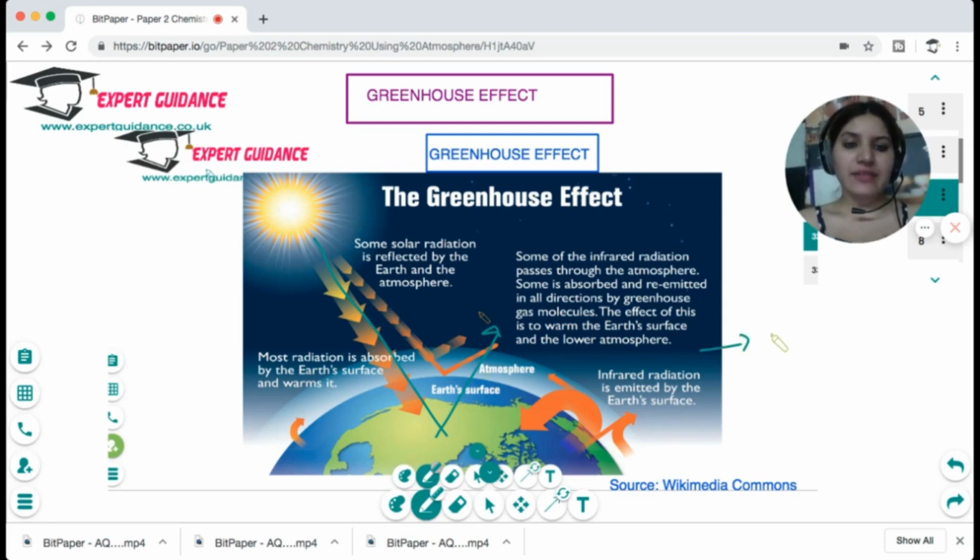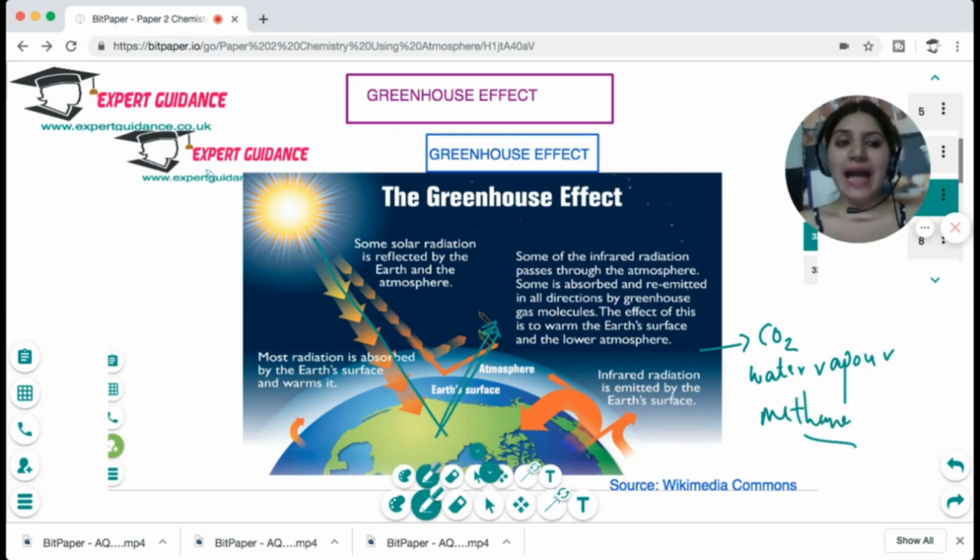The greenhouse gases are carbon dioxide, water vapor, and methane. Remember, it's not water, it's water vapor. They form a blanket around the Earth's atmosphere and do not allow the radiation to go out. In this way, they increase the Earth's temperature and make it possible for living organisms to live.